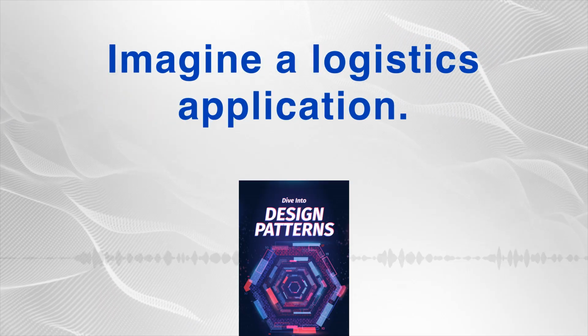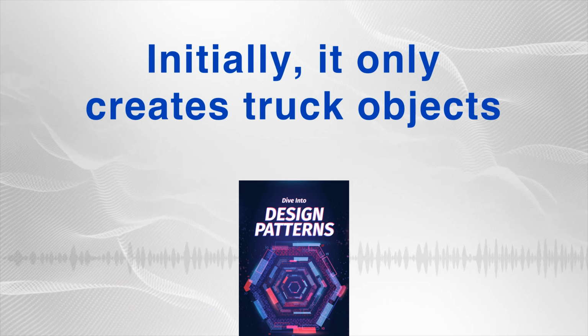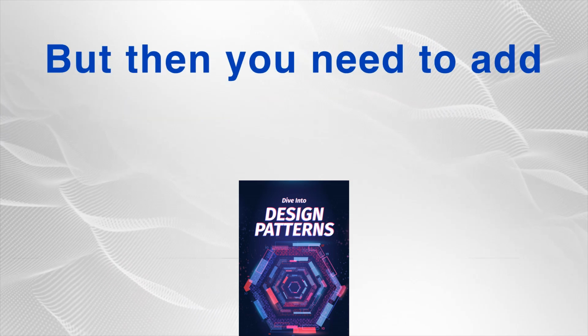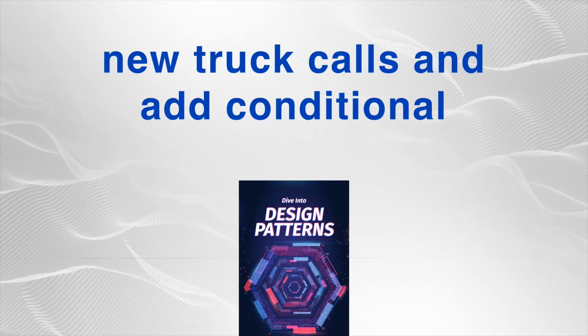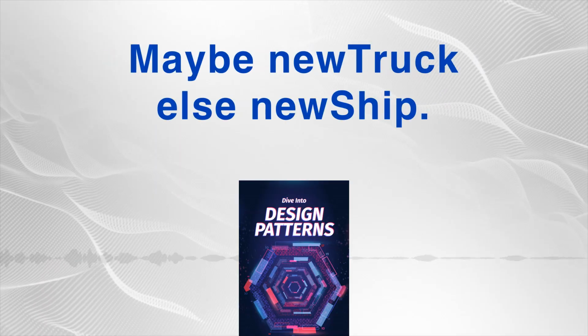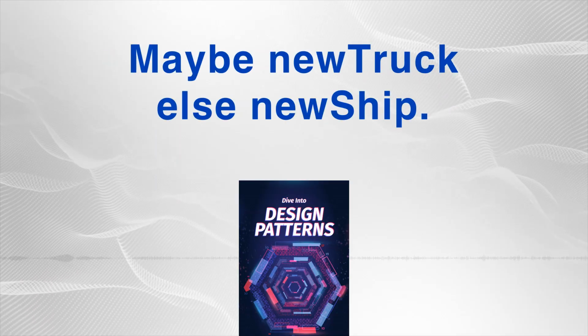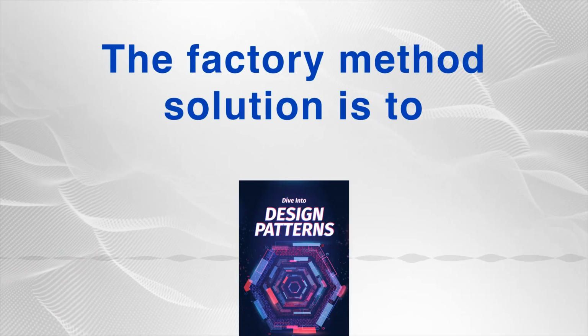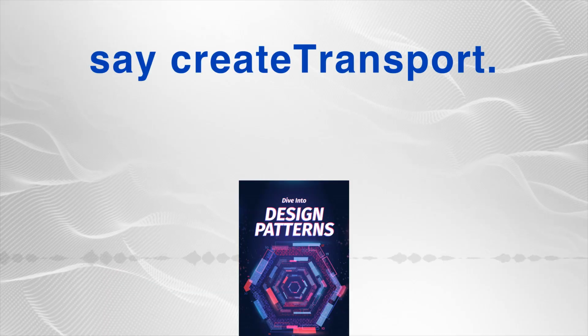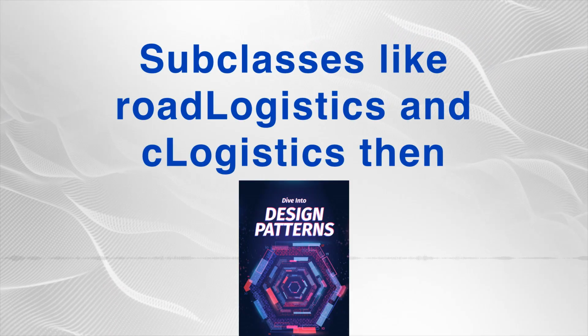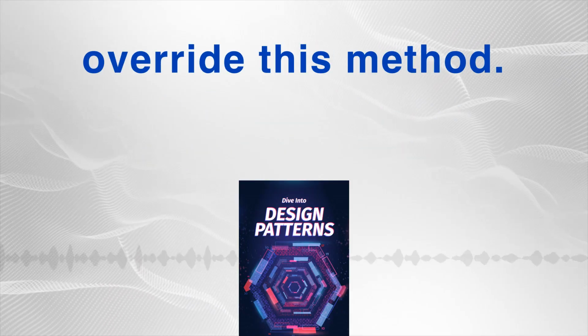Imagine a logistics application. Initially, it only creates Truck objects using new Truck. But then you need to add ship transport. Right. Now you have to find all new Truck calls and add conditional logic, maybe new Truck, else new Ship. It gets messy. The factory method solution is to define a method in a superclass, say createTransport. Subclasses like RoadLogistics and SeaLogistics then override this method.